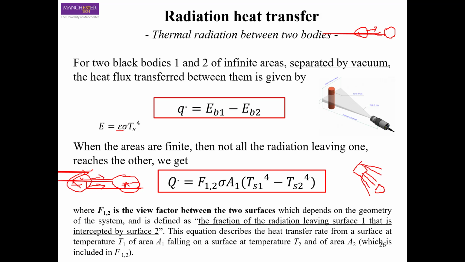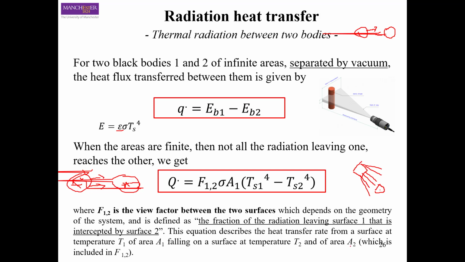Okay, so this factor is represented as F12. So it means that the radiation shape factor is showing that the surface A1 is emitting energy and it is being absorbed by the surface A2.